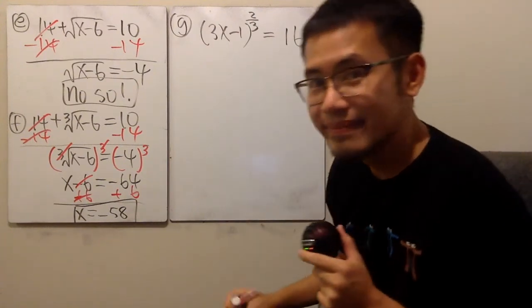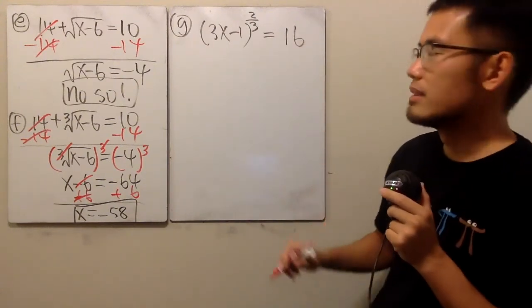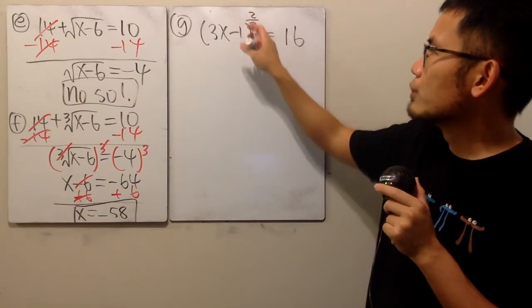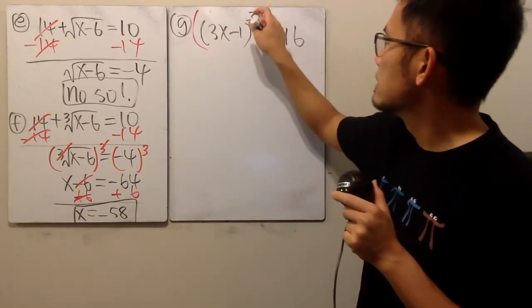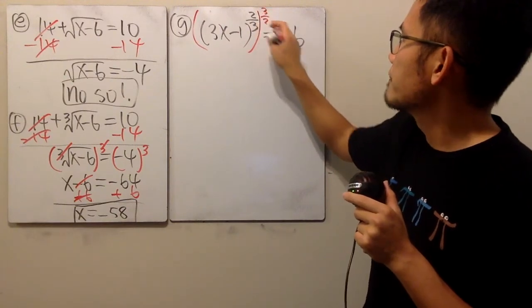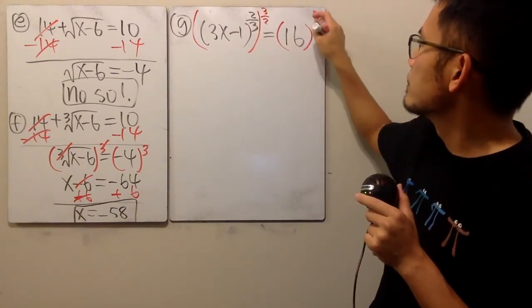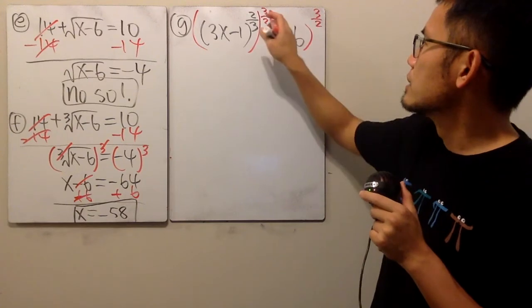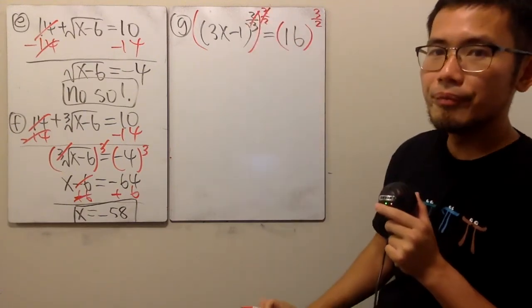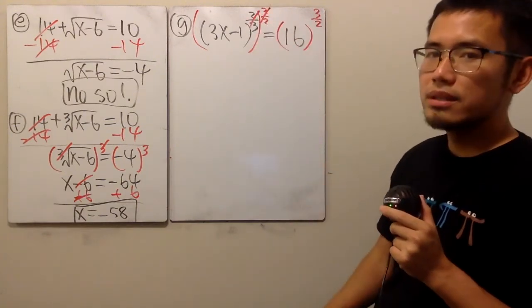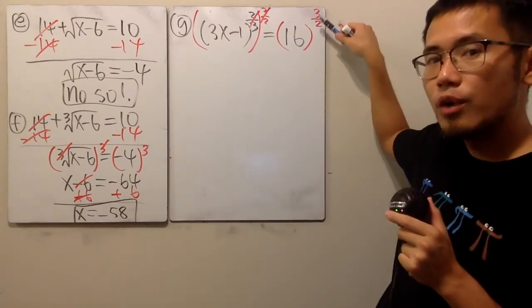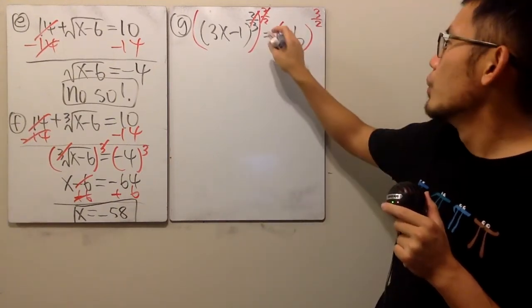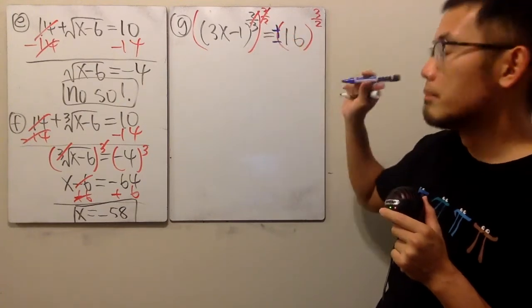Now, here is the deal. You see that we have the 2/3 power here. So we are going to raise both sides to the 3/2 power so that this and that will cancel. And per our discussion earlier, whenever we raise both sides to something over an even power, we will have to do the plus or minus.